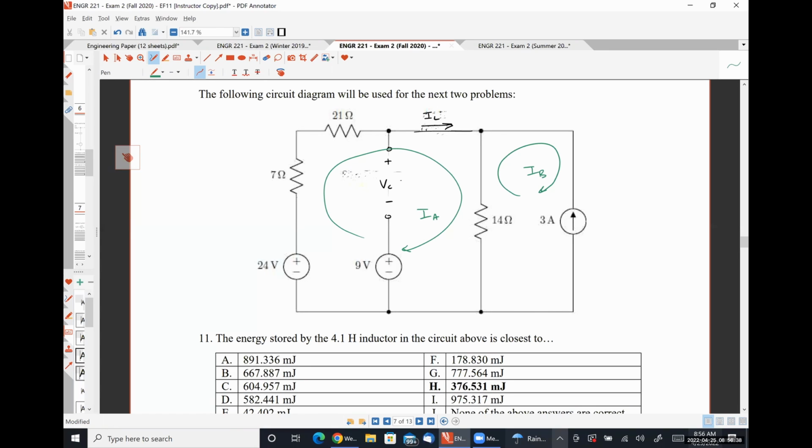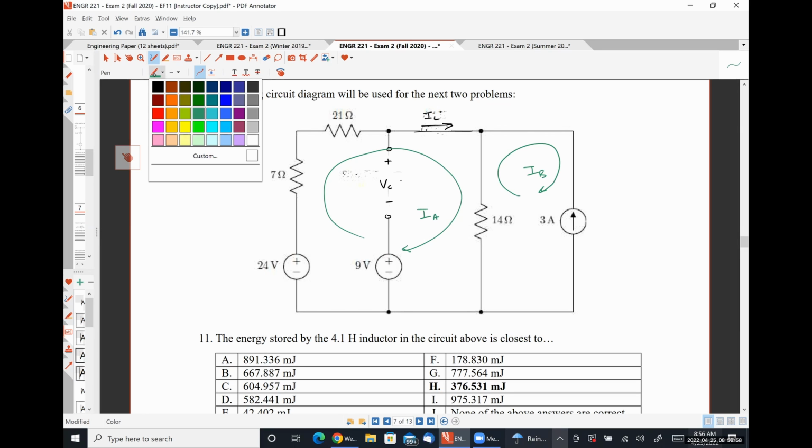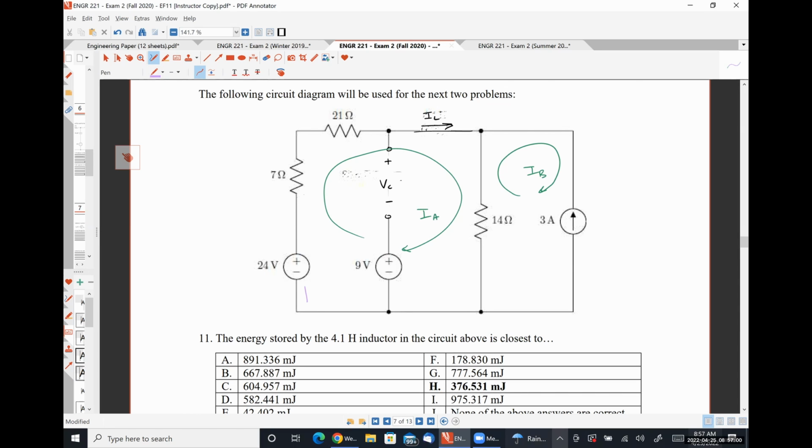And in this case, IA and IL are the same thing, right? So if we did mesh analysis, we solve for IA, we have IL, and therefore problem 11 is taken care of. And then we could do Kirchhoff's voltage law around this path once we know IA in order to solve for VC. So that's definitely one way that we could go about doing it.